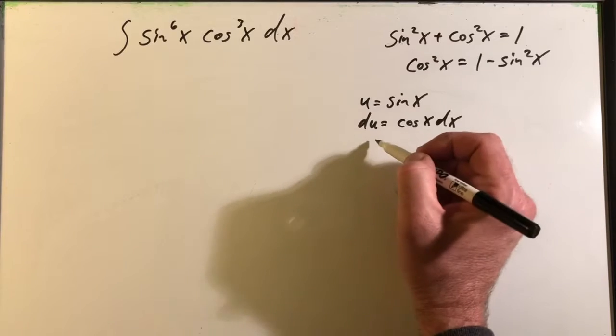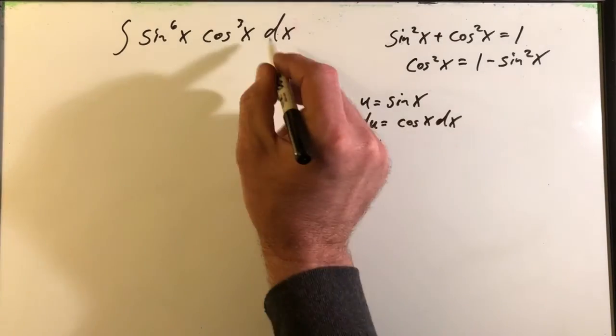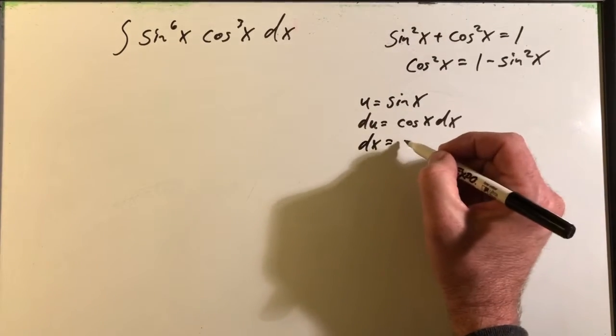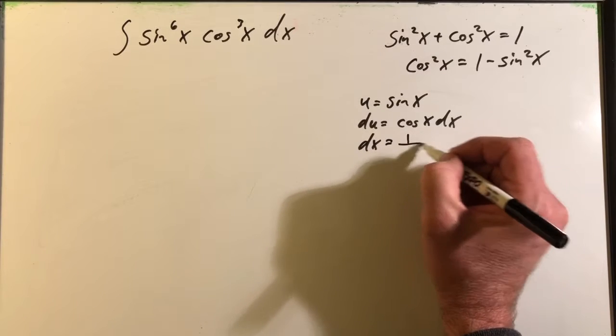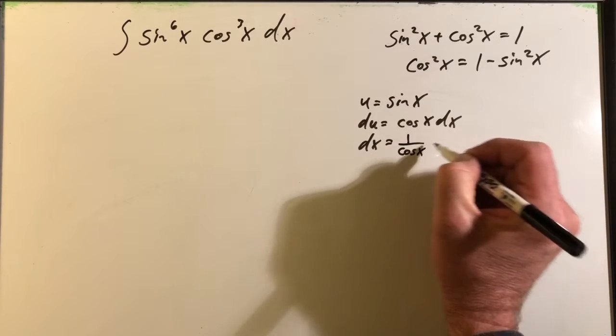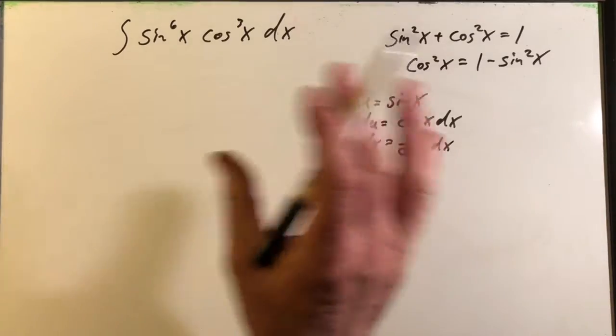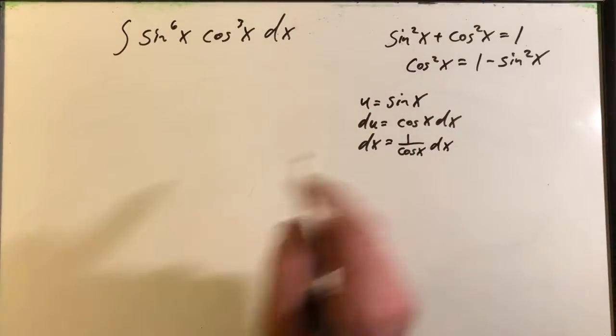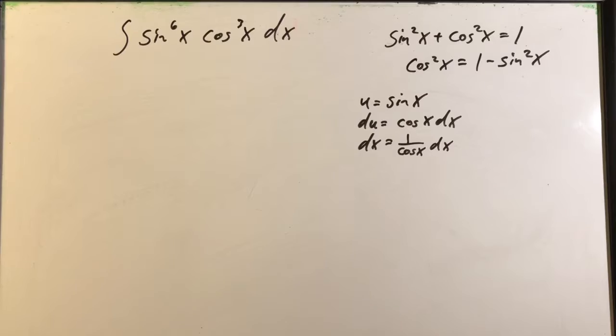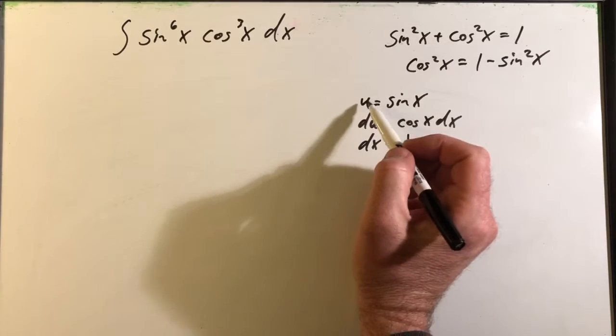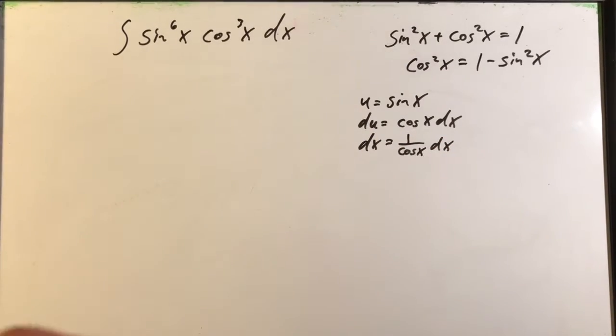So therefore my dx that I would be substituting in would be 1 over cosine x du. And I can get rid of that last cosine just through this substitution here, and then just do a normal integration for u.